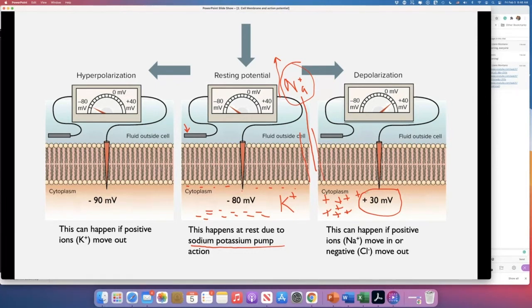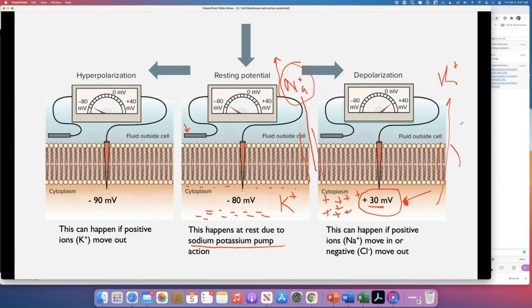When the inner side of the cell reaches this value, there are some voltage-gated channels that will open when we achieve this value of voltage. These are potassium channels. Potassium channels will open and potassium is going to start moving out.